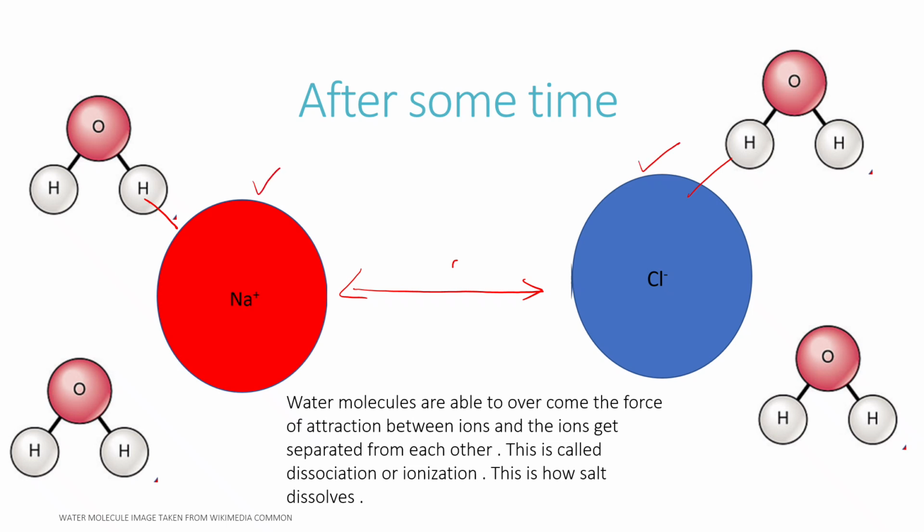This process of separation of ions or formation of ions is called ionization. So, ionization is the fundamental idea on the basis of which acids, bases, and salts are classified. So, what is ionization again? Ionization is the process of formation of ions, be it positive ions or negative ions.